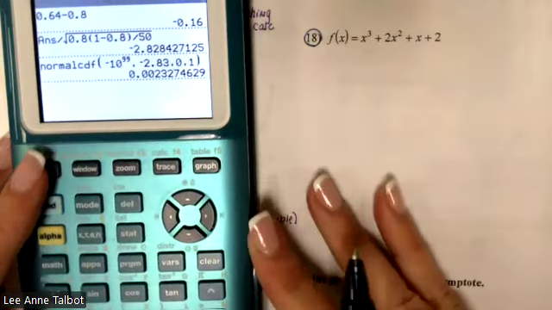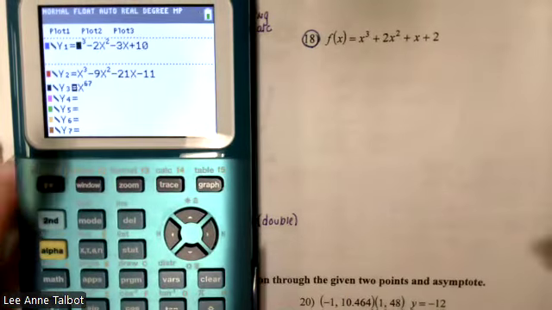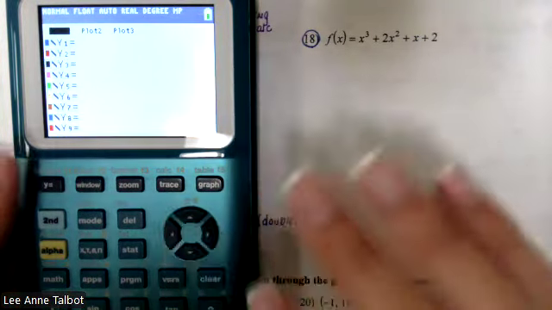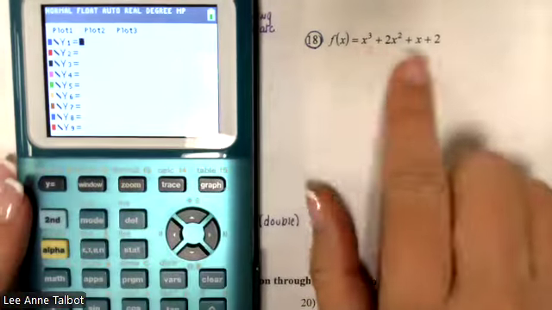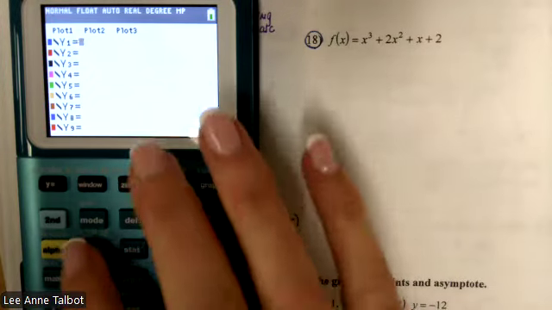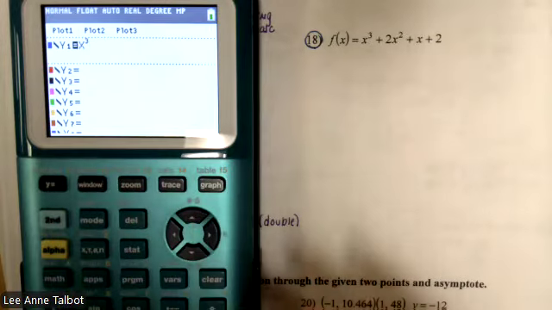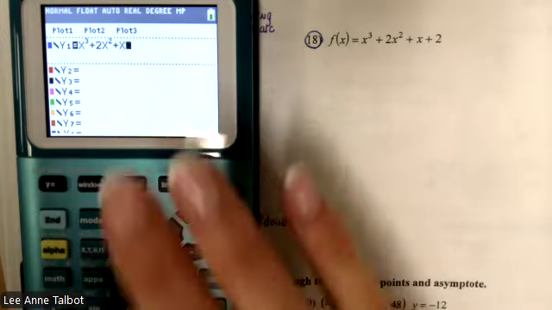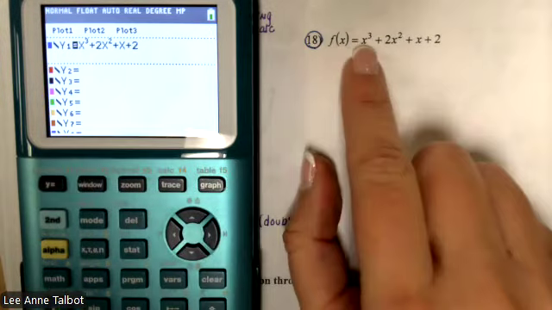Okay, so can you please go to the y equals in your calculator and type in the equation for number 18. So x to the third plus 2x squared plus x plus 2.